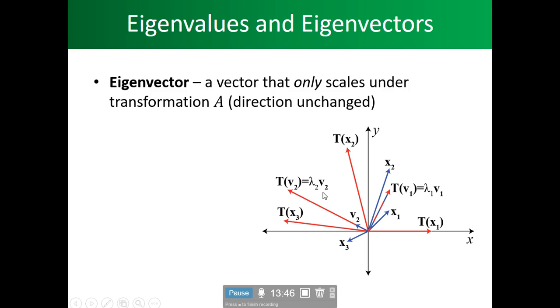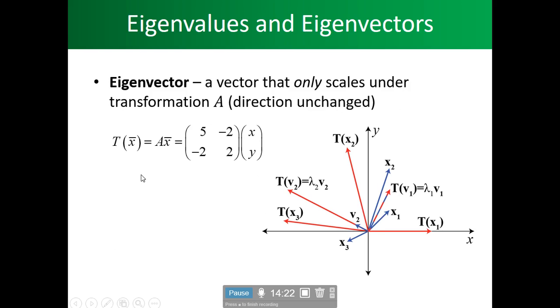As you can see, we have our eigenvalues and eigenvectors, lambda 1, lambda 2, and they are supposed to give you the same value as what? T sub v at 2. Eigenvector: a vector that only scales under transformation of A. The direction is unchanged. Only the magnitude changes. Very important.